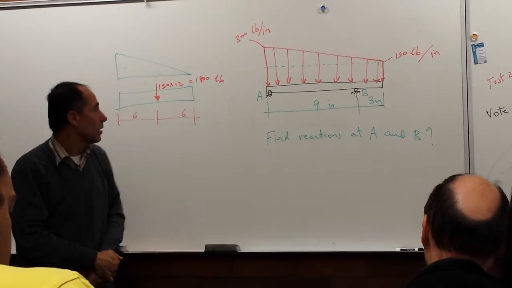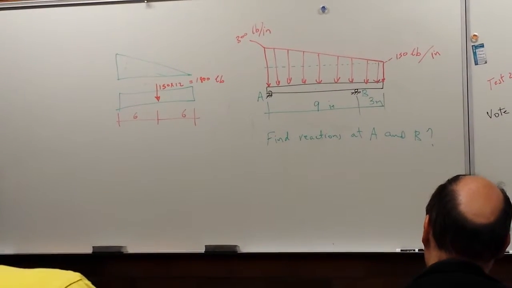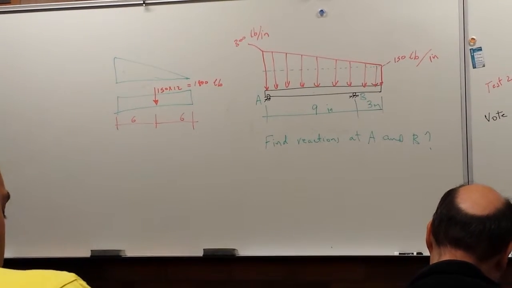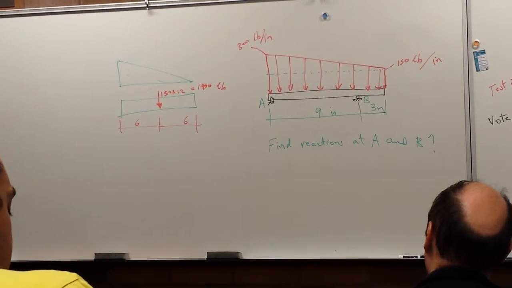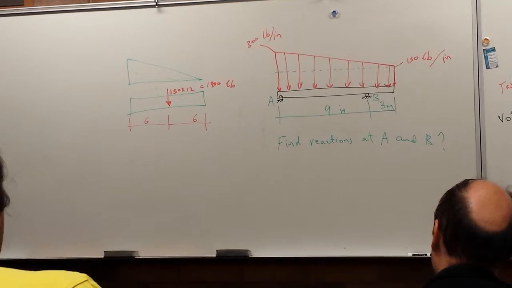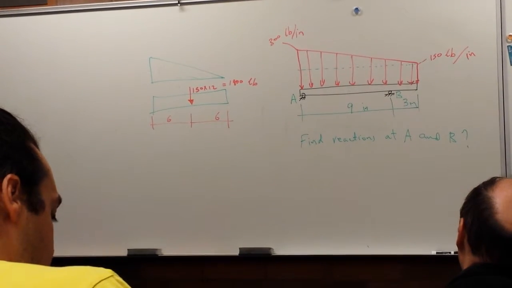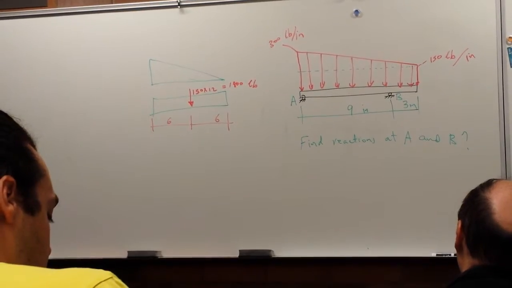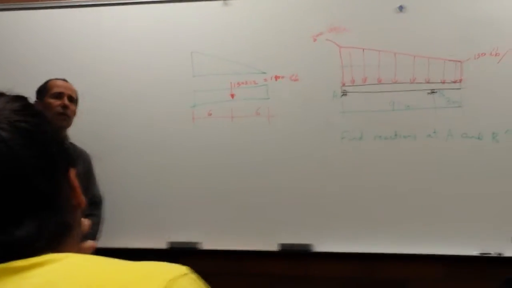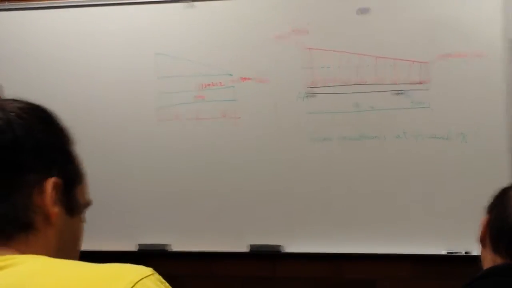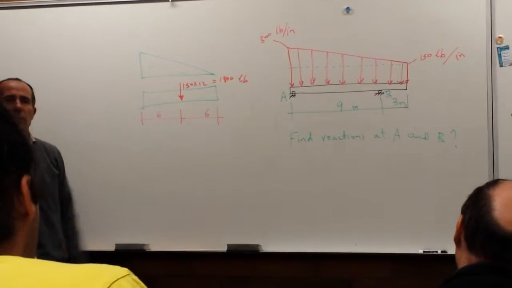Correct? And in this case, you give the force in pounds: 1,800 pounds. And this is a pin force or concentrated force, just like one arrow. Everybody agrees on this one.